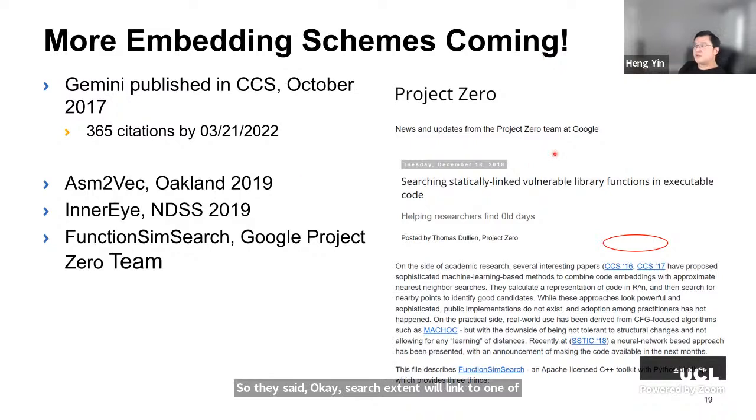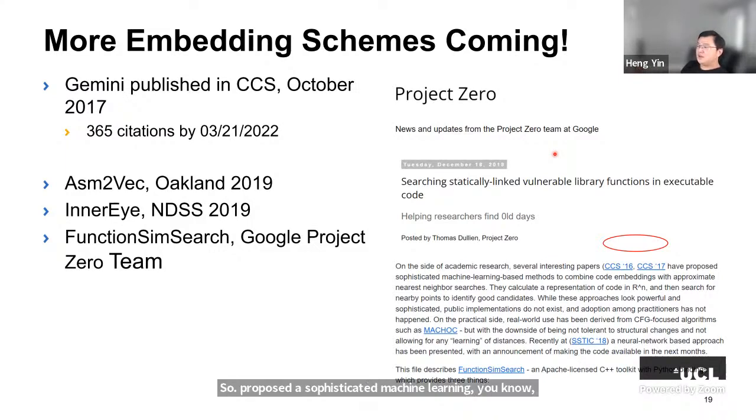On the side of academic research, there are several interesting papers, CCS 16 and 17, the two papers I just mentioned a few slides back, which propose sophisticated machine learning methods and so on.